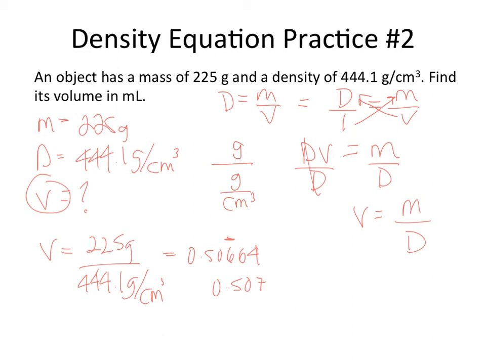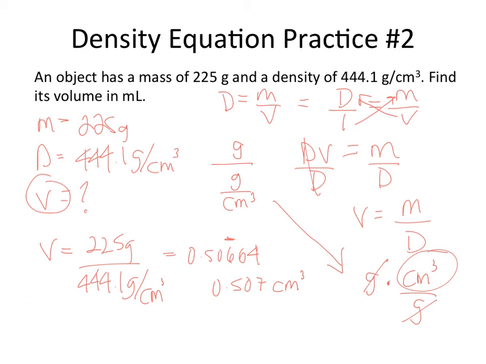Remember, anytime you divide by a number, it's the same as multiplying by the reciprocal. So grams times the reciprocal is going to be centimeter cubed over grams. What ends up happening is grams and grams cancel. Centimeters cubed is what you have left over. And remember, this centimeters cubed is a cubic measurement, so it is a volumetric measurement.